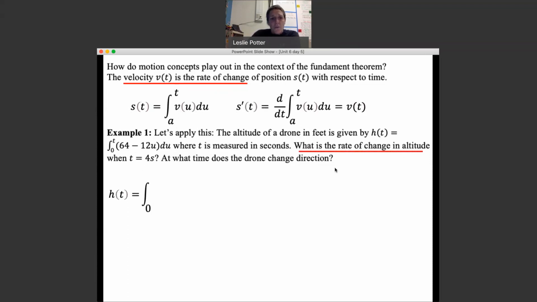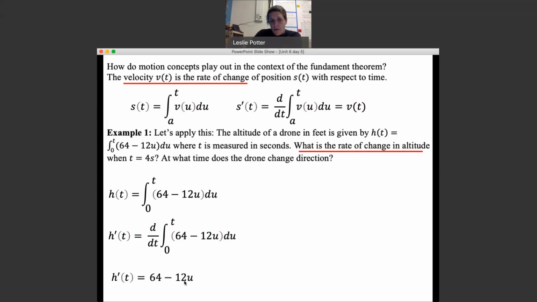We know our accumulation function is this. If we want the rate of change, we need to differentiate the altitude function, which is the accumulation. If we're differentiating our accumulation function, we just get back the function with the rate of change. So our rate of change of altitude is just 64 minus 12, that should be a t.